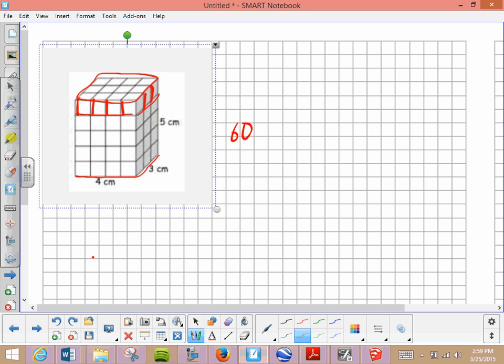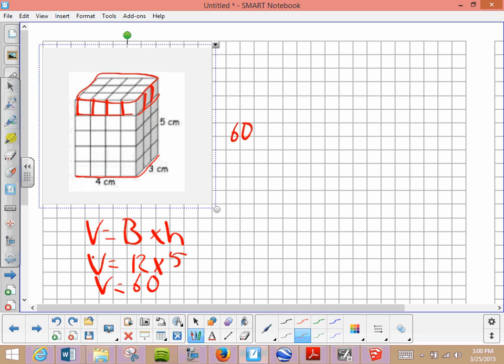So when we use that as area, that's where the formula, the area of the base times the height, works. The area of the base is just 12, 3 times 4 is 12, and then you multiply it by the number of layers, which in this case is the height, 5. You get 60. 60 what?